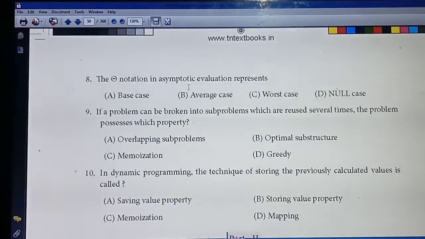Then ninth question answer is option A, overlapping subproblems. Then 10th question answer is option C, memoization.